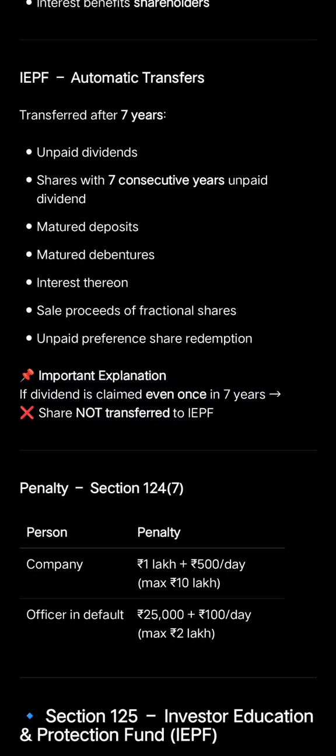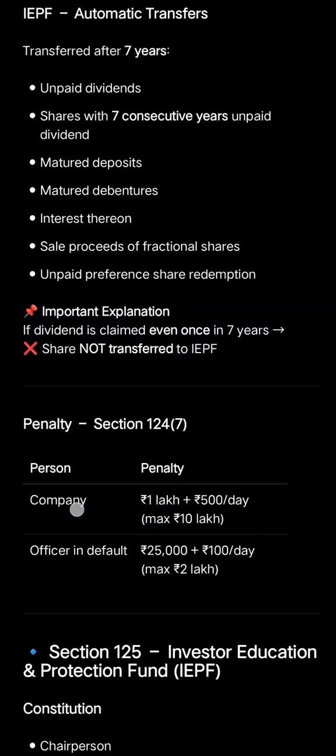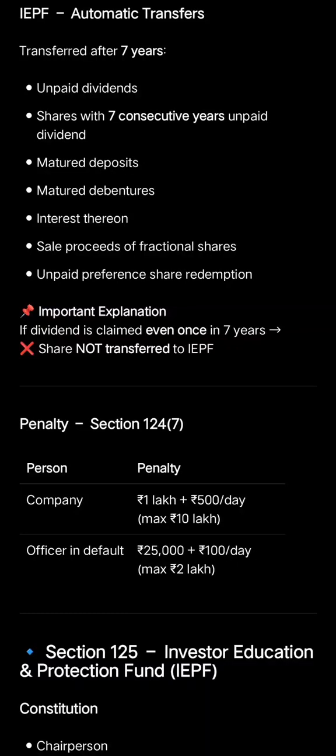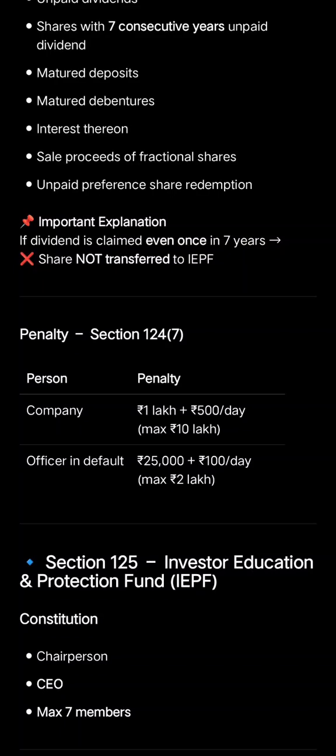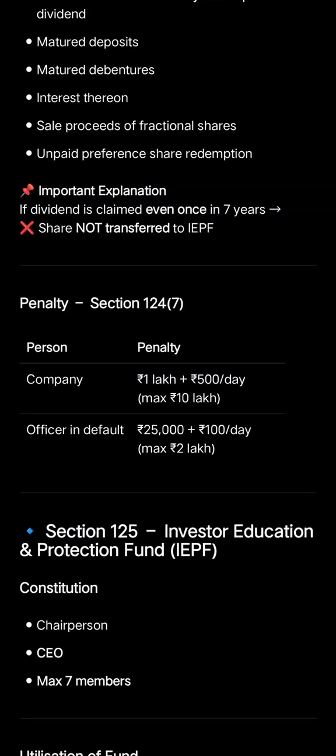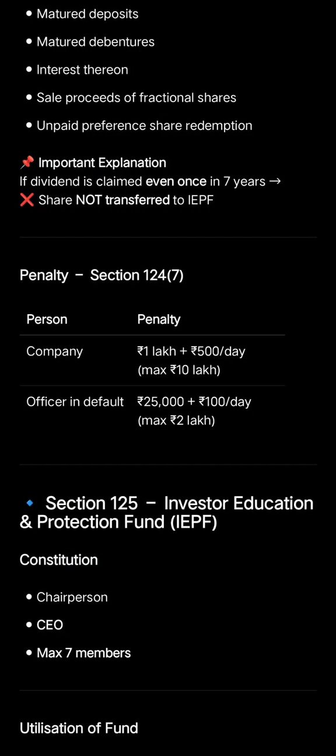IEPF is discussed more in the next section, but in this section we will see it briefly. It is transferred after 7 years. Shares with 7 consecutive unpaid dividend years, unpaid dividend, matured deposits, matured debentures, interest thereon, sale proceeds of fractional shares, unpaid preference share redemption. All these are transferred to IEPF.